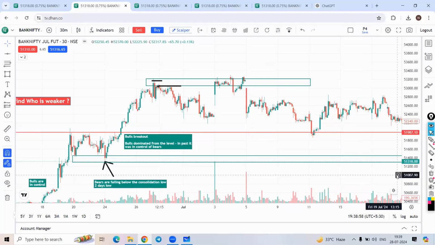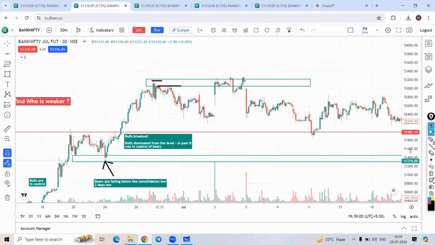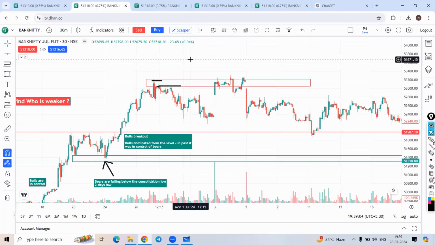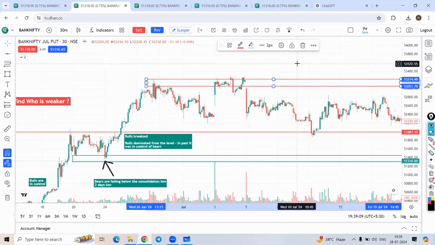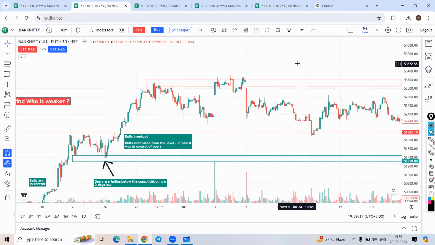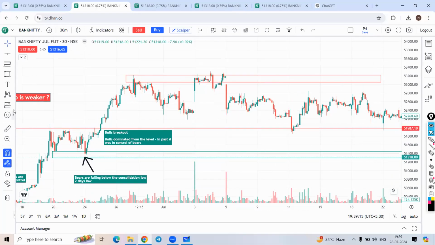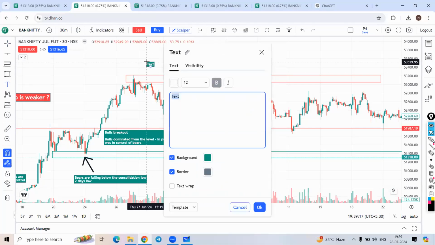This becomes an entire zone for me. I'll mark it in red color. Fine enough. 3 data points I have taken. I will write this down also. This is an intent. A lower high formation is just an intent.